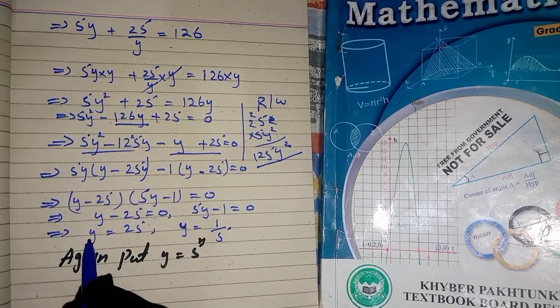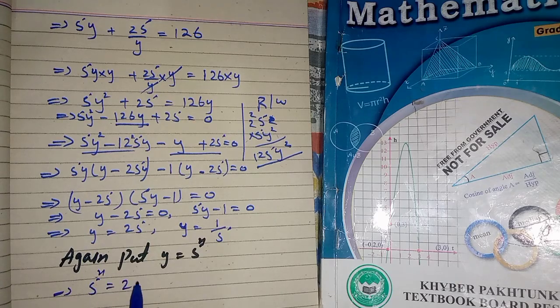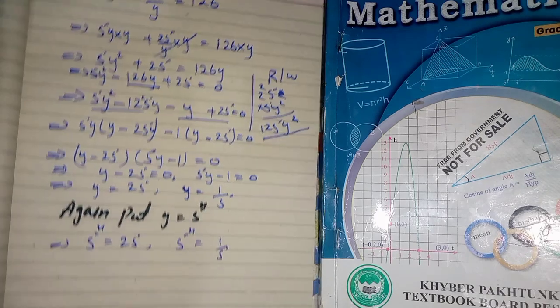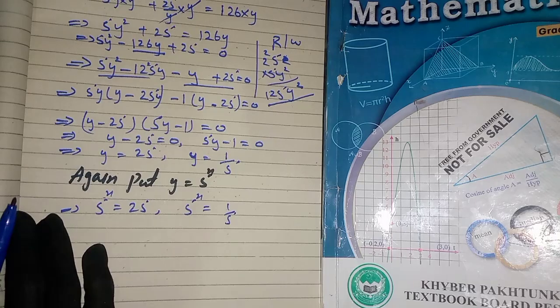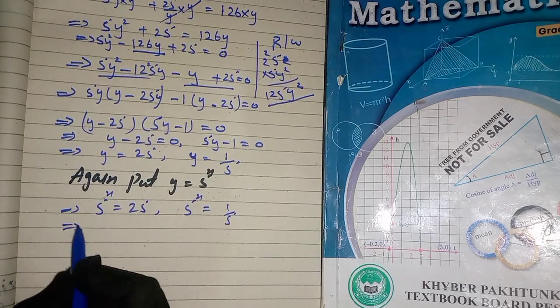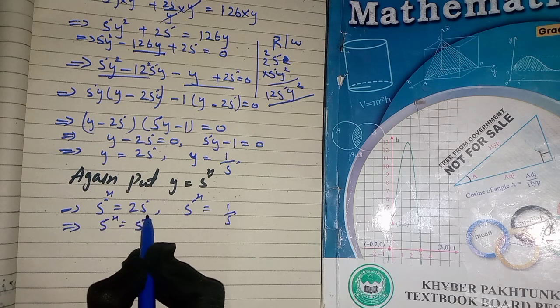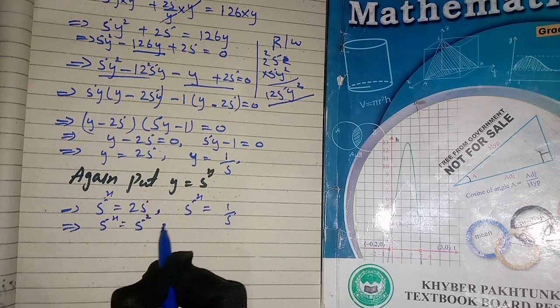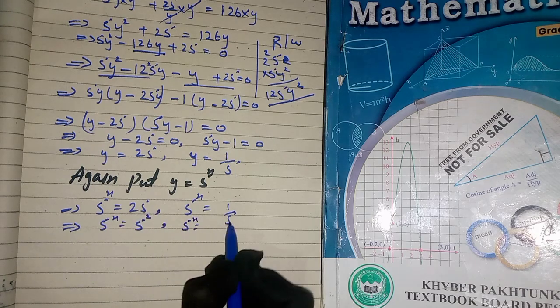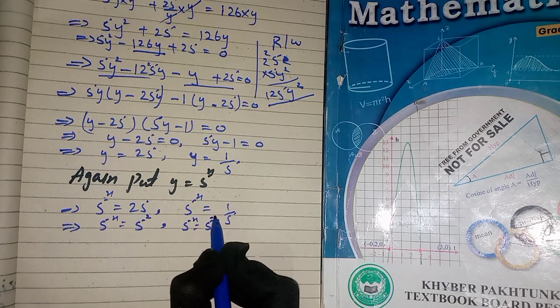This implies that 5 power x is equal to 25 and 5 power x is equal to 1 by 5. We can write 5 power x is equal to 5 power 2, and 5 power x is equal to 5 power minus 1.